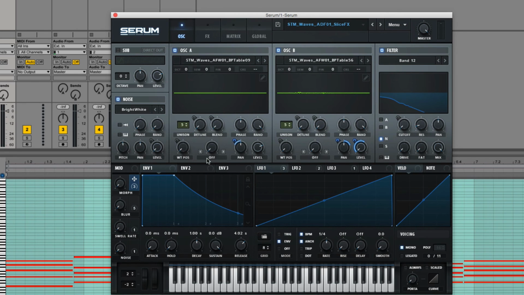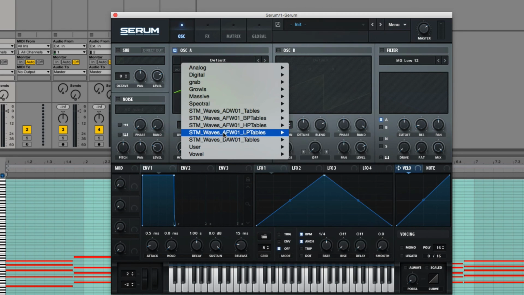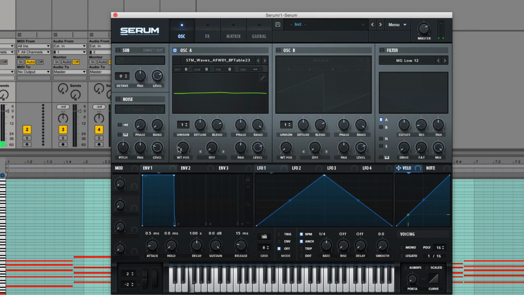So I took two bandpass tables, and as you morph or move through Wavetable, I'm going to initialize. You morph through the frequency range, and this kind of gives the impression of like sideways movement.